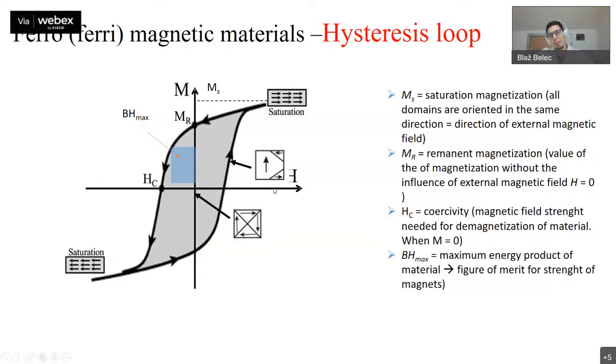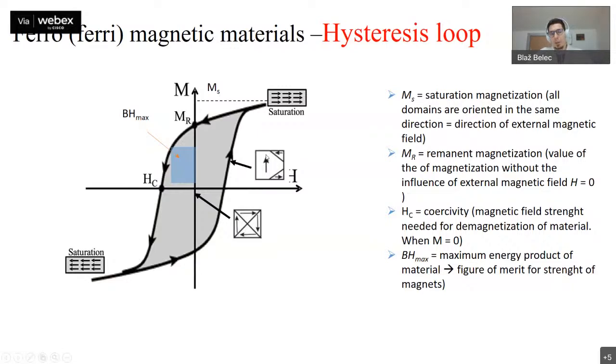When we increase the external magnetic field, the domain spins inside the material start to point towards the direction of the external magnetic field.